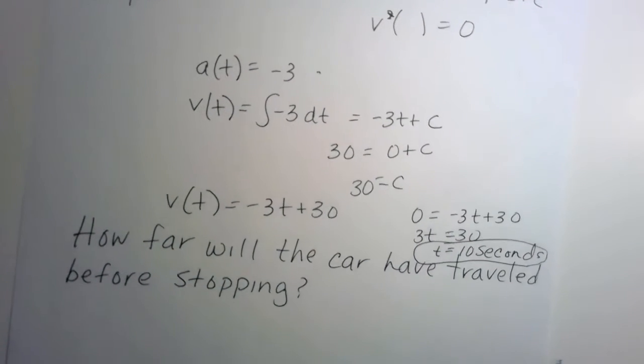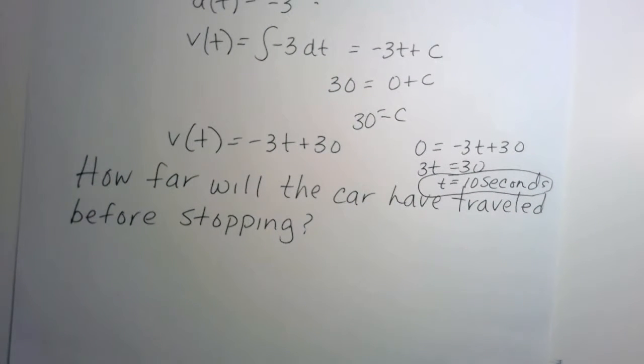All right, so now we have another question here that says, how far will the car have traveled before stopping? So distance traveled is really s of t, because acceleration is meters per second squared, velocity is meters per second. We just want to know how many meters it traveled before stopping. So we need to do it again.